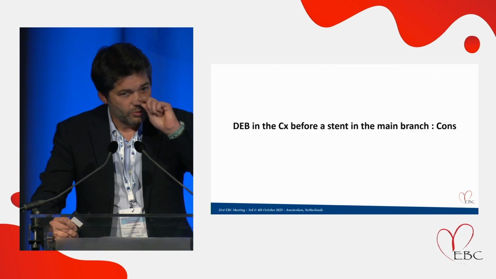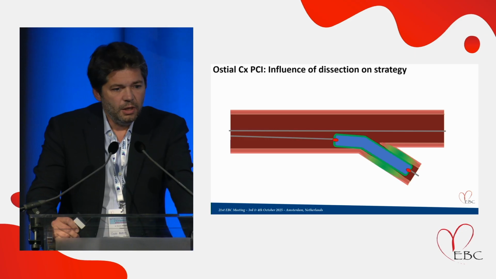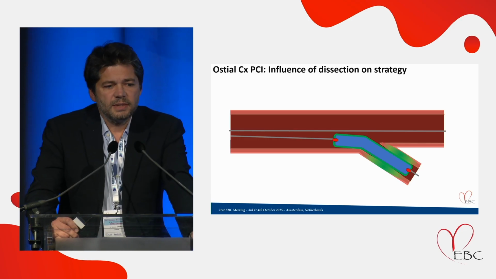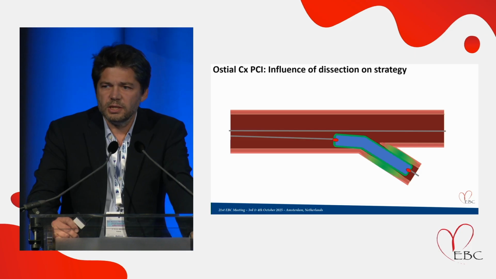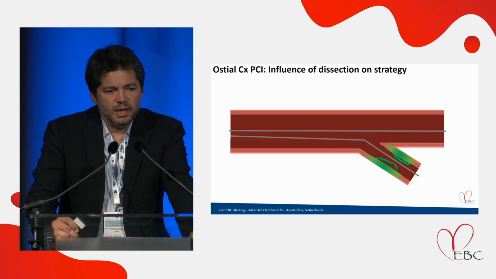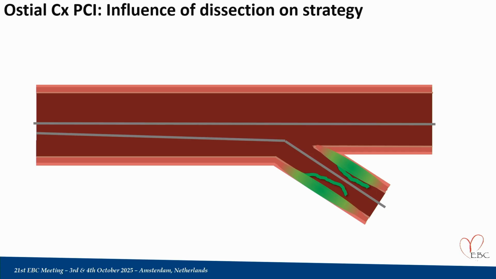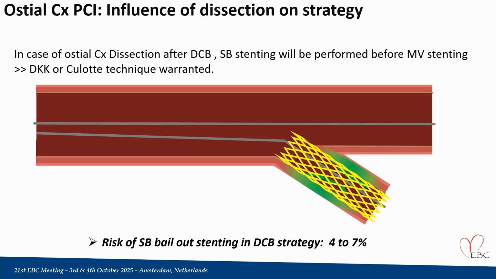But of course, there are some cons. The first one is that, as you know, you might create a dissection in the ostial circumflex. And in case you have a dissection before putting any stent, in my opinion, that will involve stenting the side branch first. What is the risk of side branch bailout stenting in a DCB strategy?